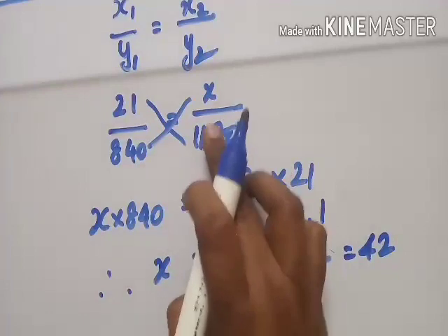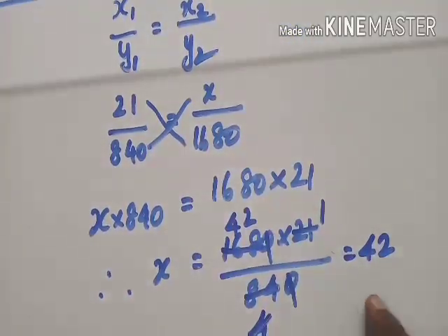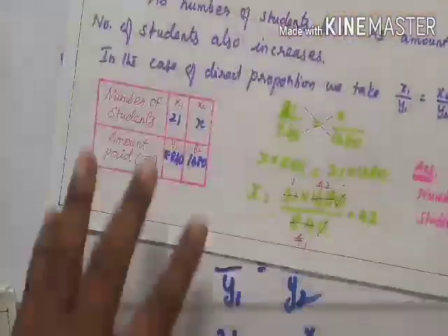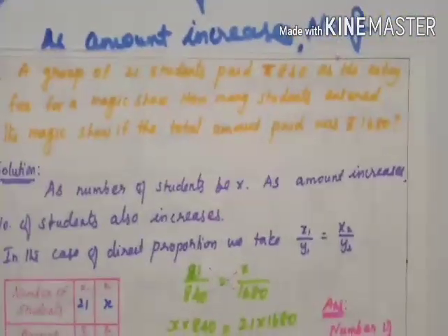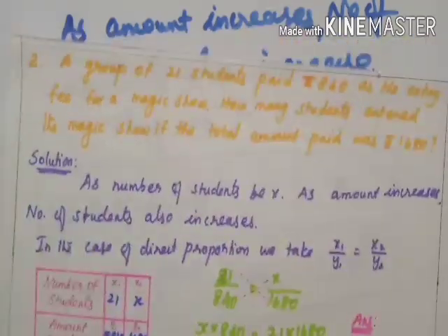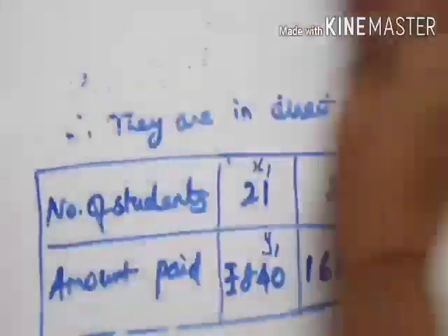So, amount 1680, now how many students entered for that magic show? 42 students. Look at this question.